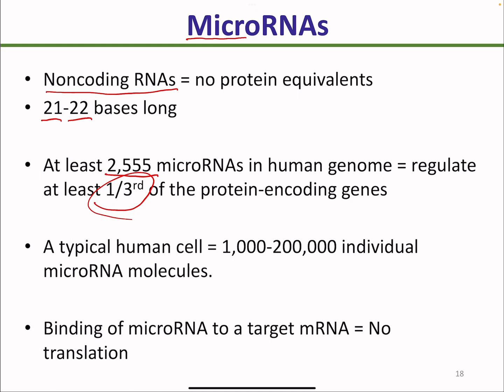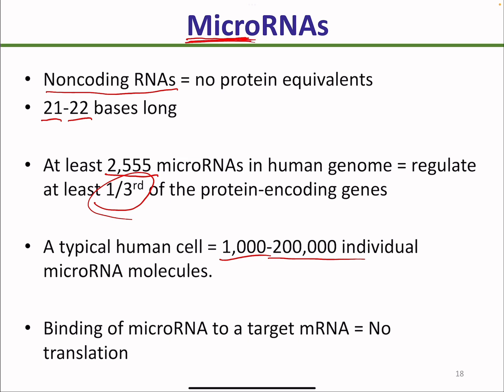Okay, so one third, it's not nothing, it's a lot. So a typical human cell is going to have about 1,000 to 200,000 microRNA molecules, right? This speaks to the role of microRNA in gene expression.